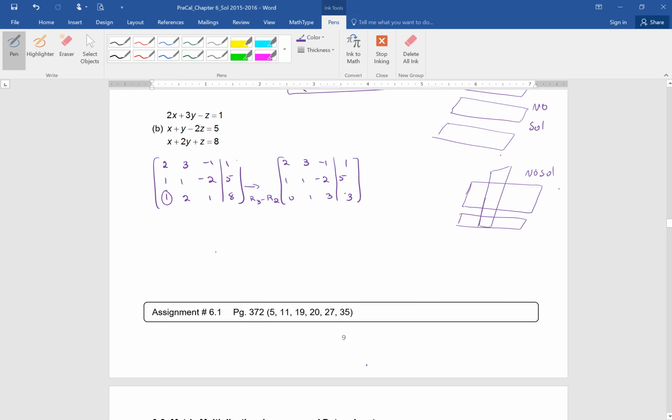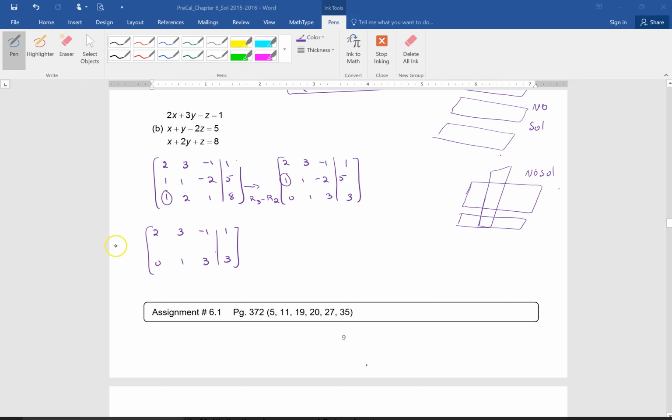What else? Now I need a 0 here. So I'm going to do 2 row 2 minus row 1. So the first row will be unchanged, and so will the third row. What did we say? 2 row 2 minus row 1.